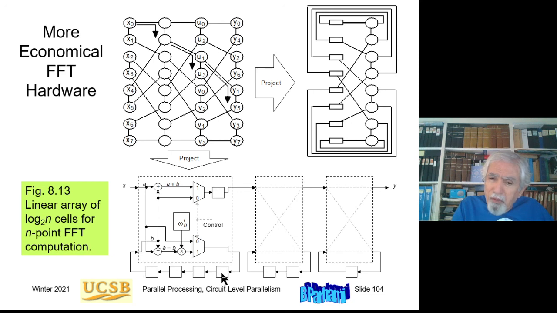I won't have time to justify this. I'll just show you that there are 4 registers in this loop, 2 in this one, 1 in this one. So the pattern is, if n is a power of 2, this is n over 2, n over 4, n over 8. And this leads to the alignment of values correctly for them to be added.